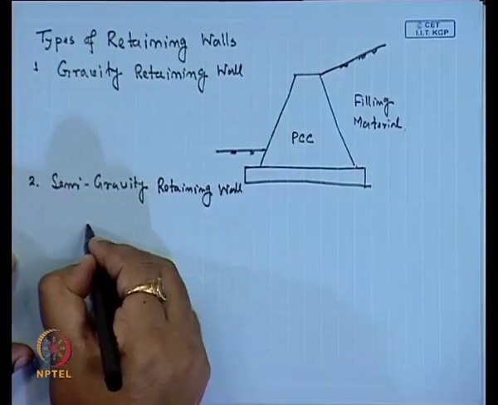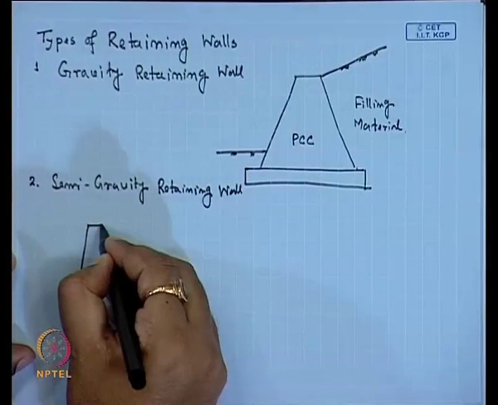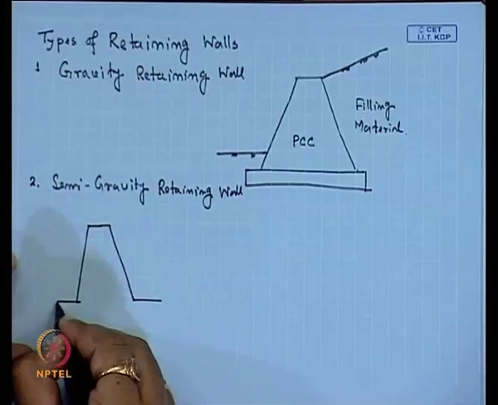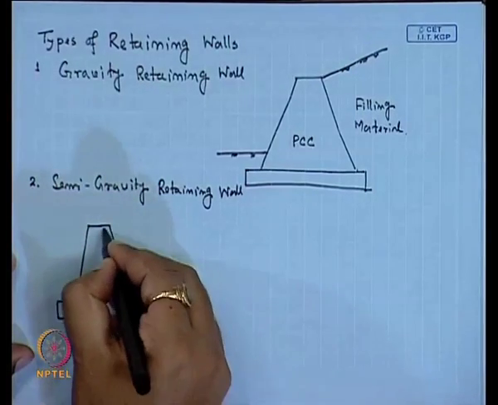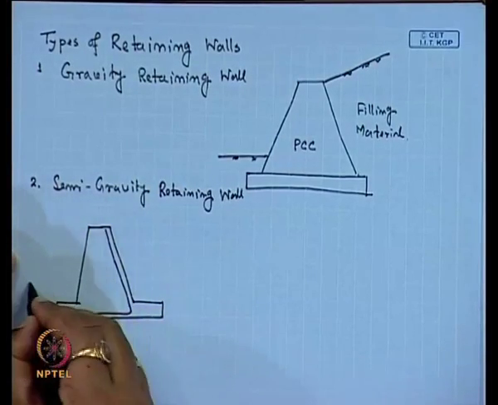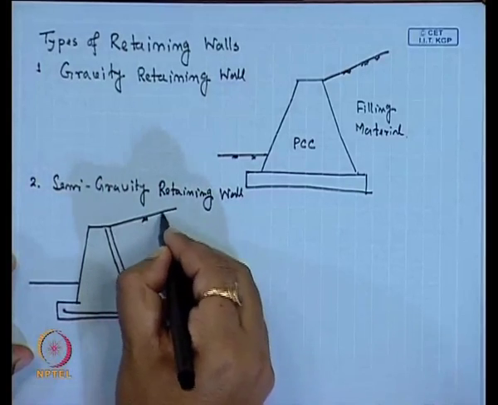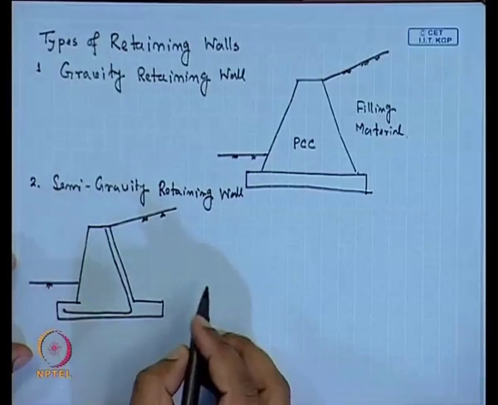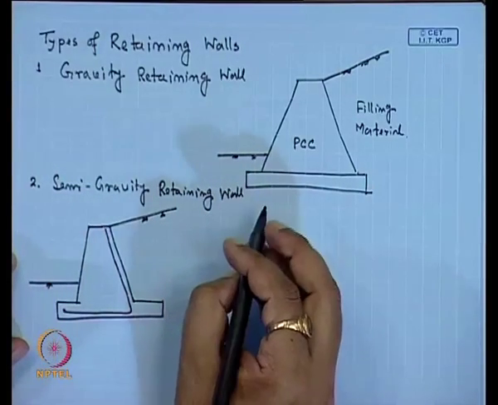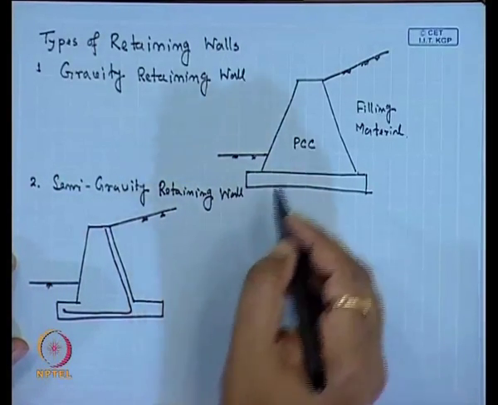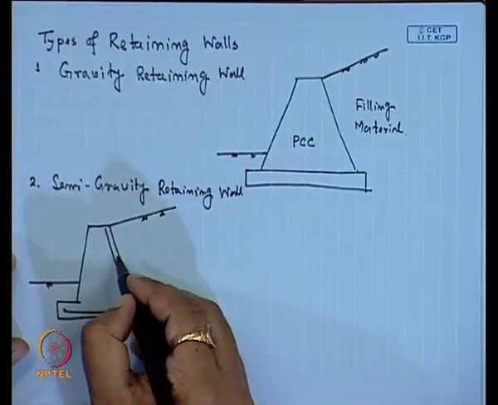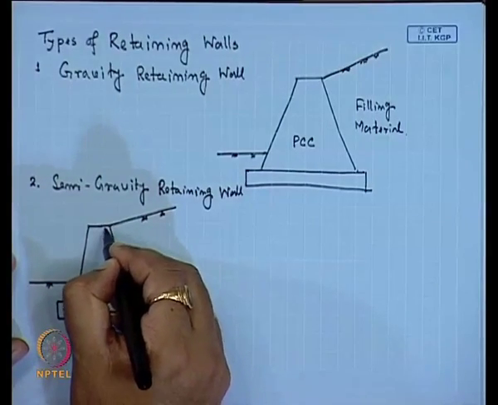Again, this is the ground surface, this is the retaining wall, where the size of the retaining wall is slightly reduced compared to the gravity retaining wall by providing a small amount of reinforcement in the back face side.